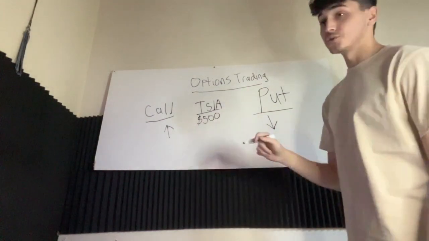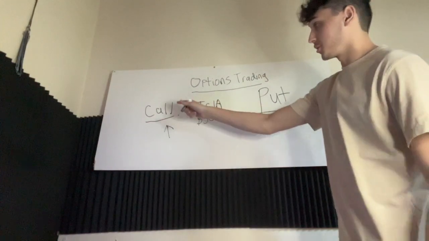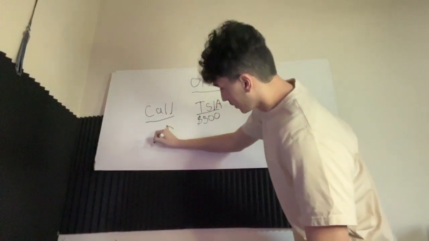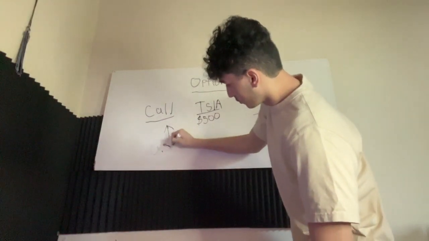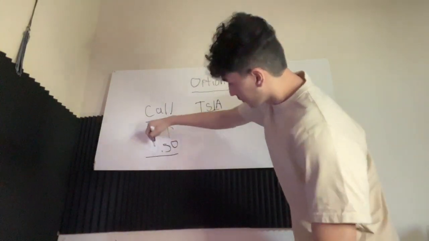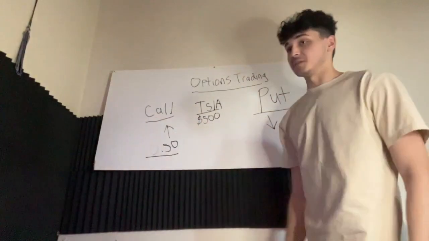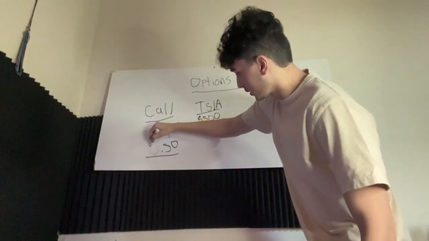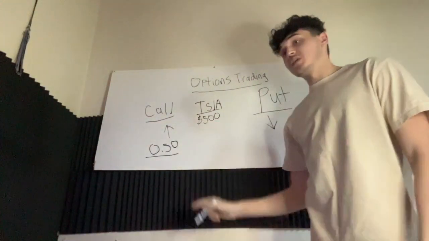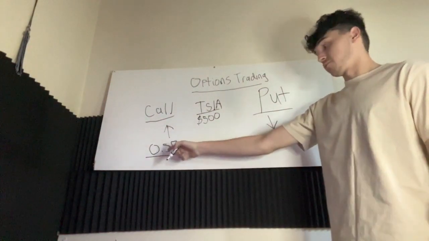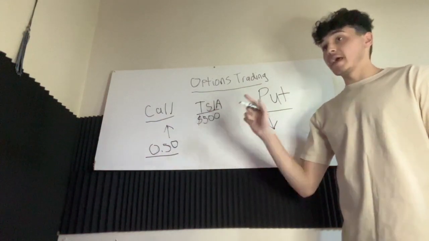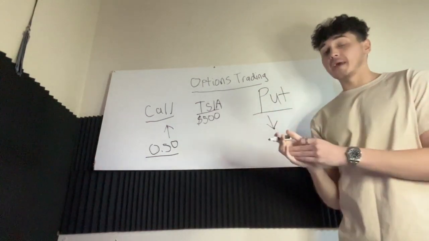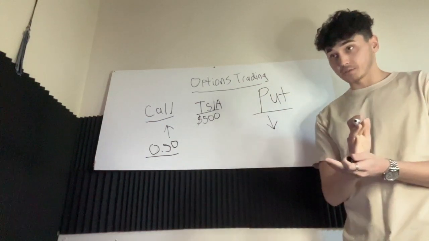What you can do is you can buy, let's say, a call contract for 0.50. The reason that I wrote 0.50 is because every option contract that you are buying is multiplied by 100 shares.